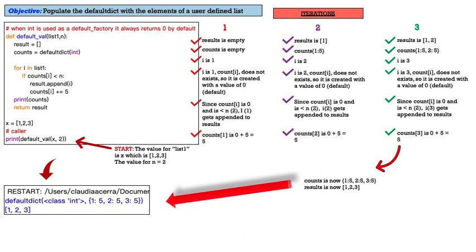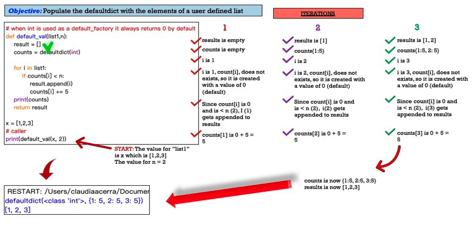That is something that we want to establish right off the bat. Okay, so what happens? We have a function that I've called default_val. The two parameters that it takes are list1 and n. So we start with our caller down at the bottom. The value for list1 is x, which is a list with 3 numbers in it, 1, 2, and 3. The value for n equals 2.